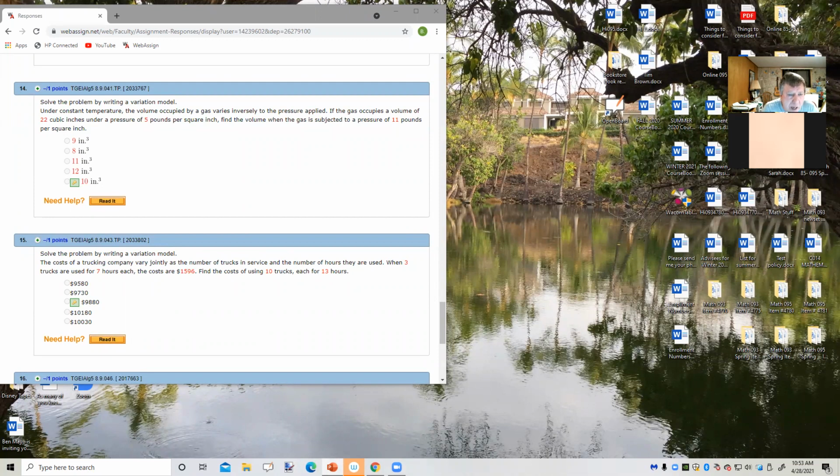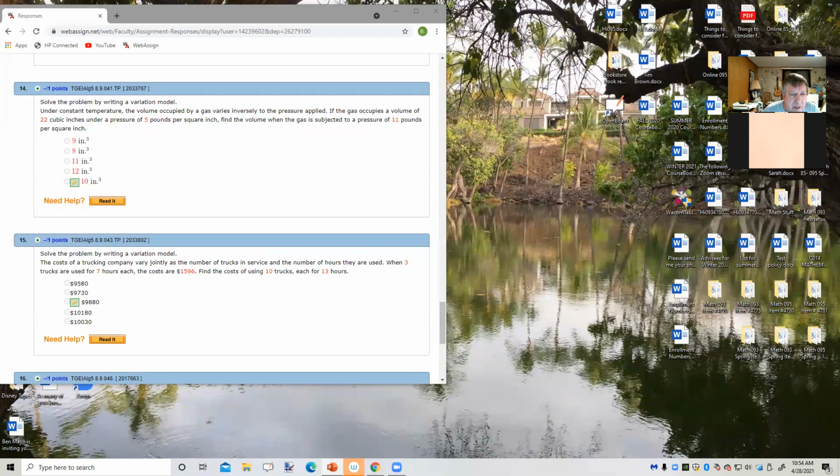All right, so we've got volume, which I'm going to call V, and pressure, which I'm going to call P. So the volume varies inversely to the pressure. So V equals K divided by P. Are you okay with that?